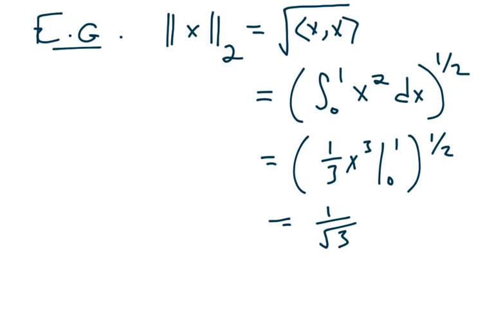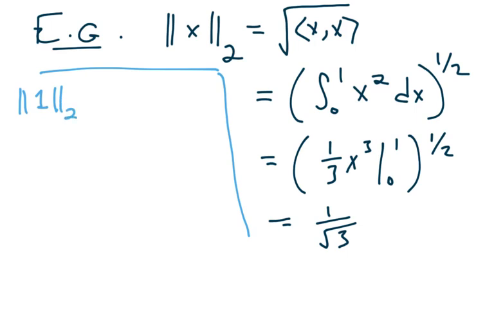All right, another example. We can calculate the magnitude of the constant function 1. This is the integral from 0 to 1 of 1 squared dx, raised to the 1/2 power. So this is basically the integral of just 1.